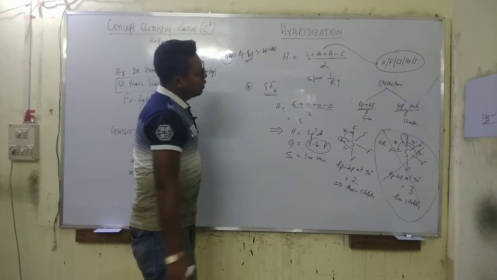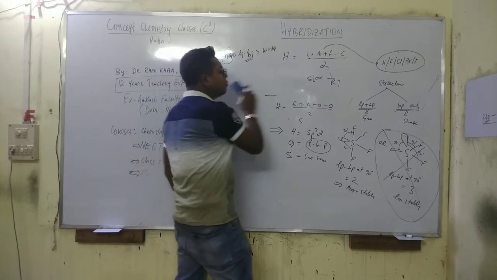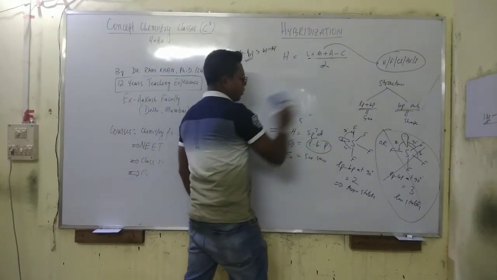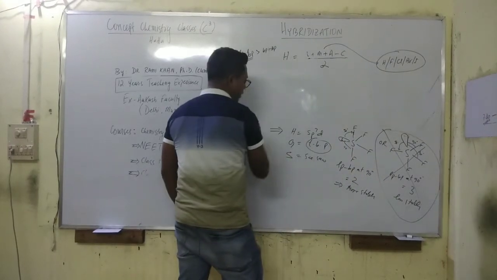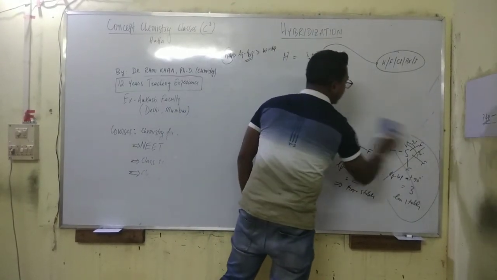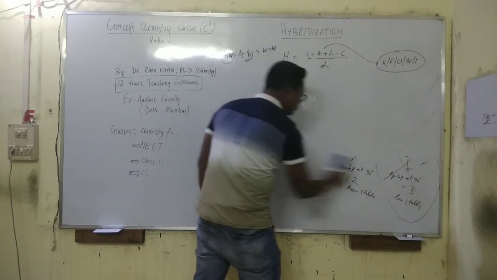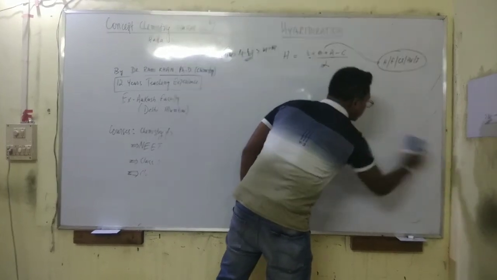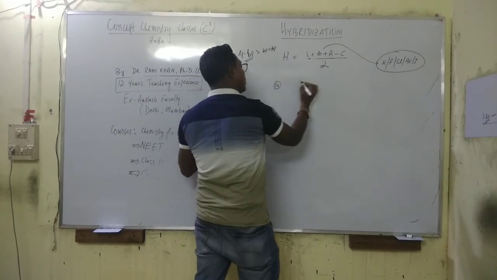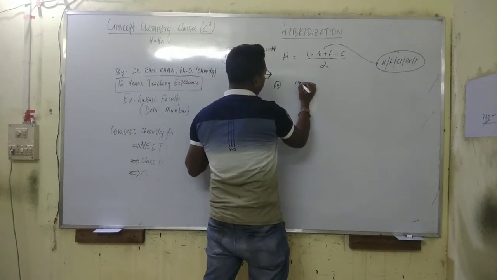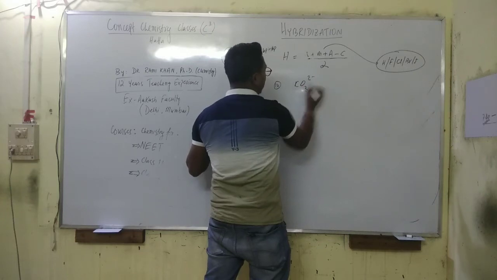I am taking one more example here in which there are atoms other than monovalent atoms. The fourth example here is the carbonate ion.